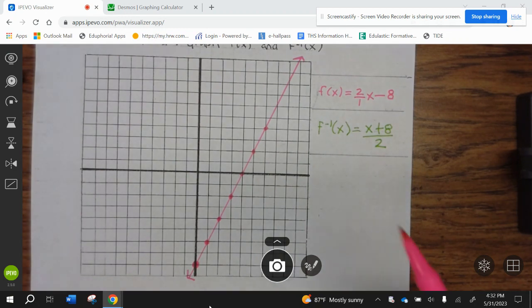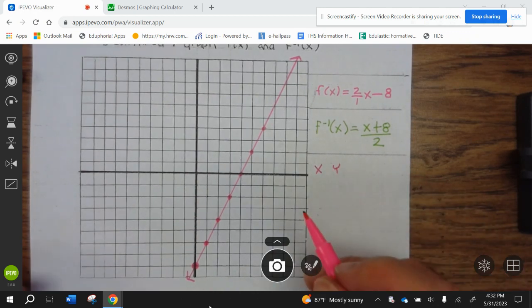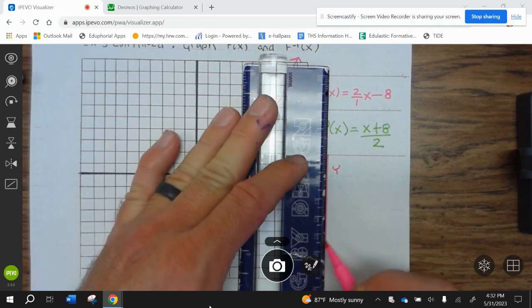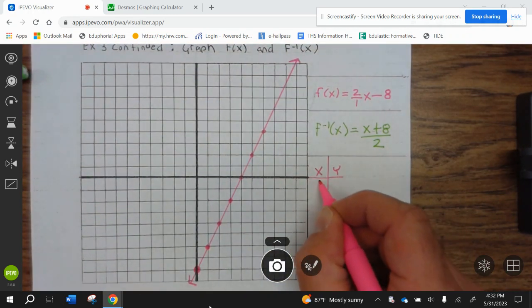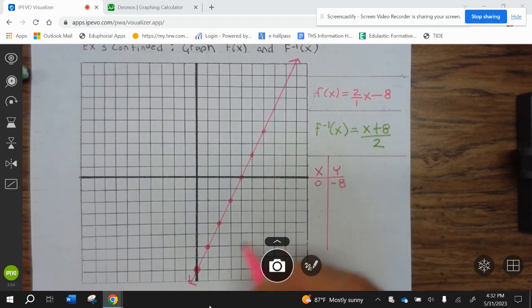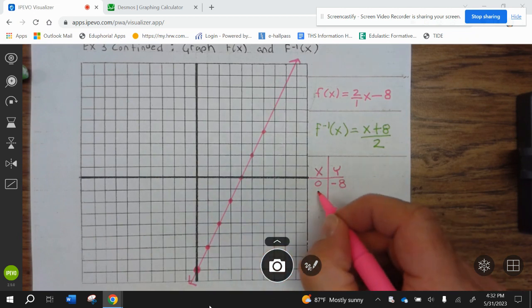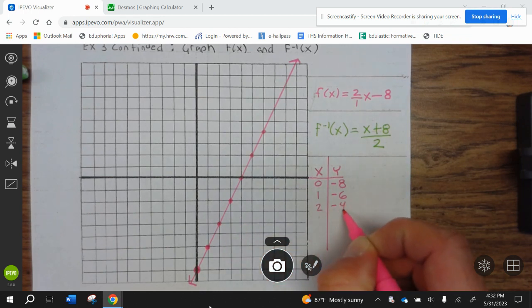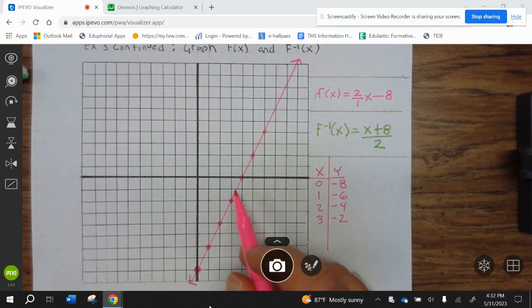So we need to get the points of f of x. Okay, so your points are 0, negative 8, 1, negative 6, 2, negative 4, 3, negative 2, and then 4, 0.